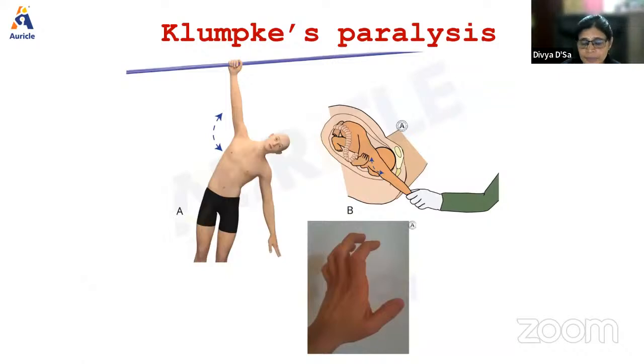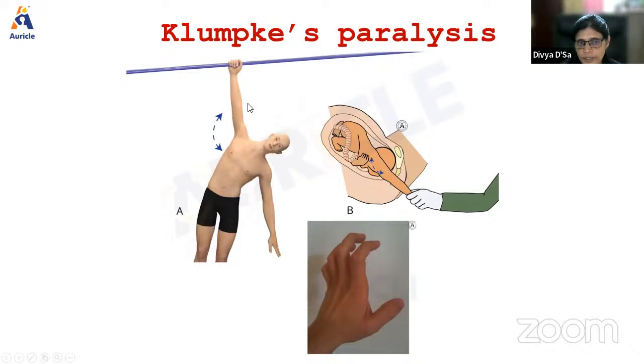Then Klumpke's paralysis is because of injury to the lower trunk. Sometimes there is a limb presentation instead of the head, either a foot presentation or a hand presentation. When there is stretching, the lower trunk gets stretched, and that leads to Klumpke's paralysis.